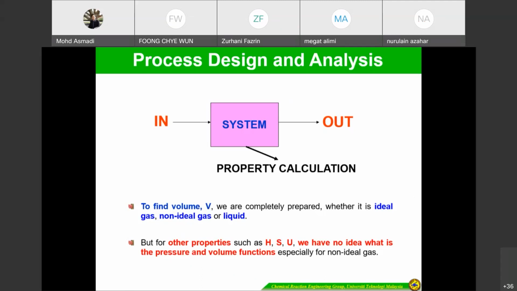Okay, Doctor. What do you understand about entropy? Ada? Faham tak? Anyone? And what do you understand about the Gibbs energy?